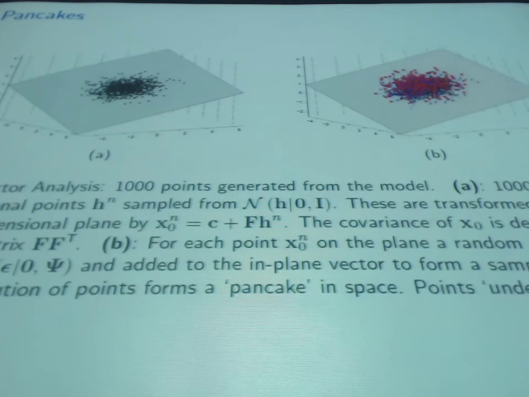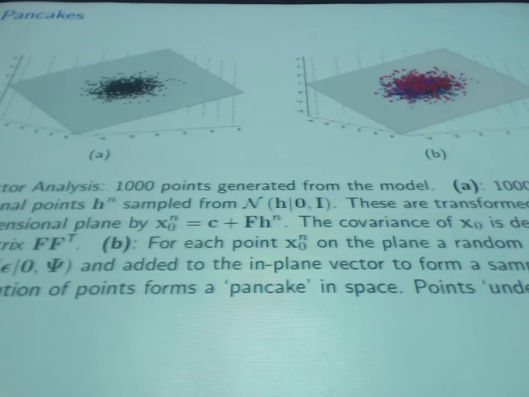this correlated prior. Okay, so these things are called pancakes or saucers sometimes. So the picture is the following. A good way to think about distributions is to generate samples of data from that distribution. So how does this work?